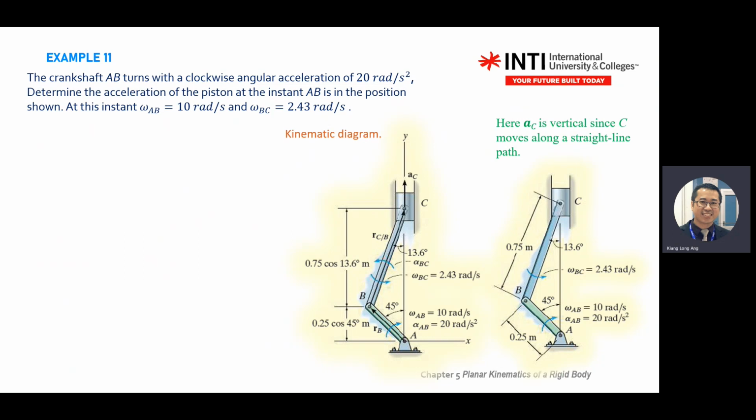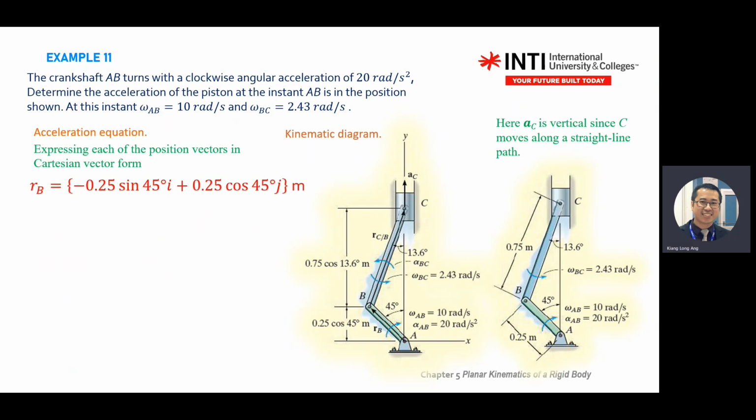You only need to be careful to calculate the distance: the x here until B is 0.25 cos 45, and then 0.75 cos 13.6 for this height here. The rest you just put in, the radius r_B and r_CB and so on.